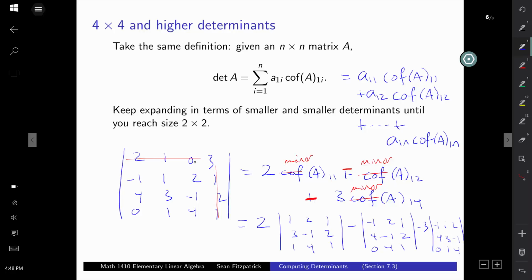And then we say, all right, well, we know how to do a 3 by 3 determinant, so we can calculate each of those 3 by 3 determinants. We put them back in, and then we've got the 4 by 4 determinant, right?